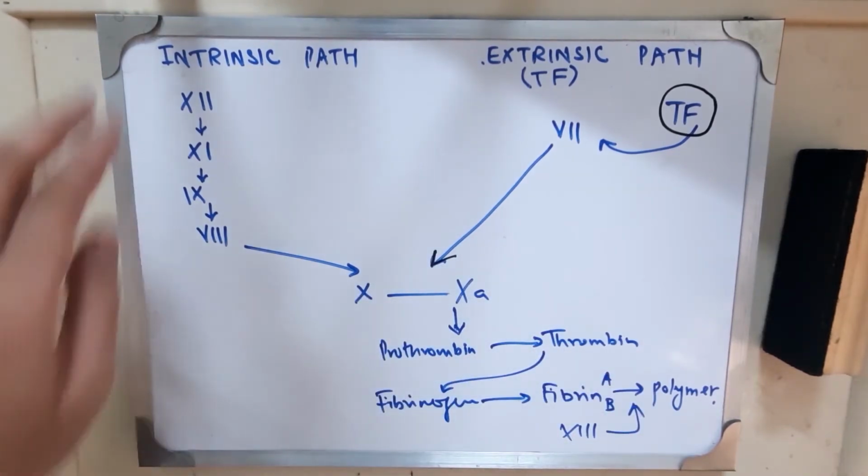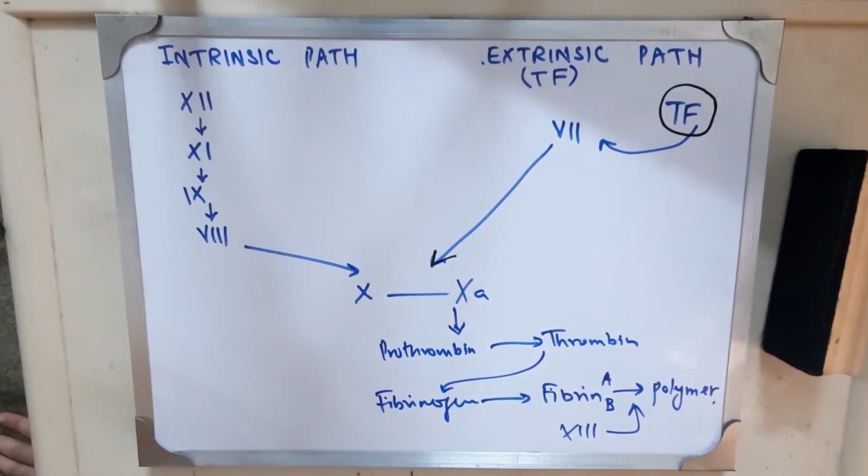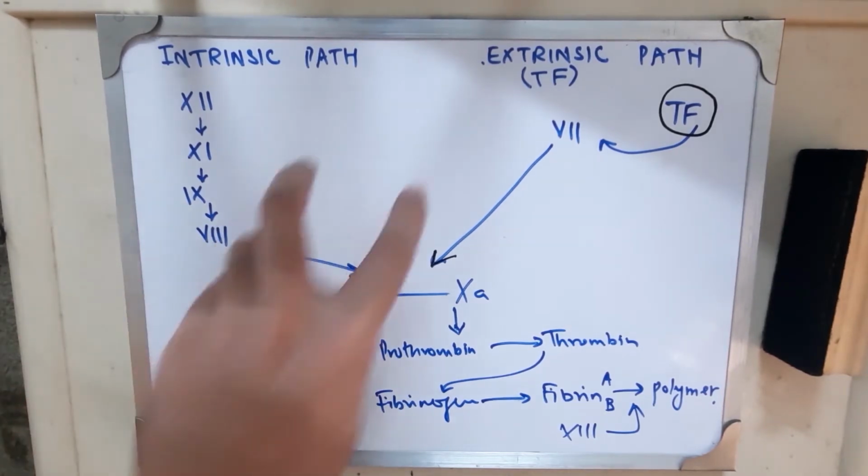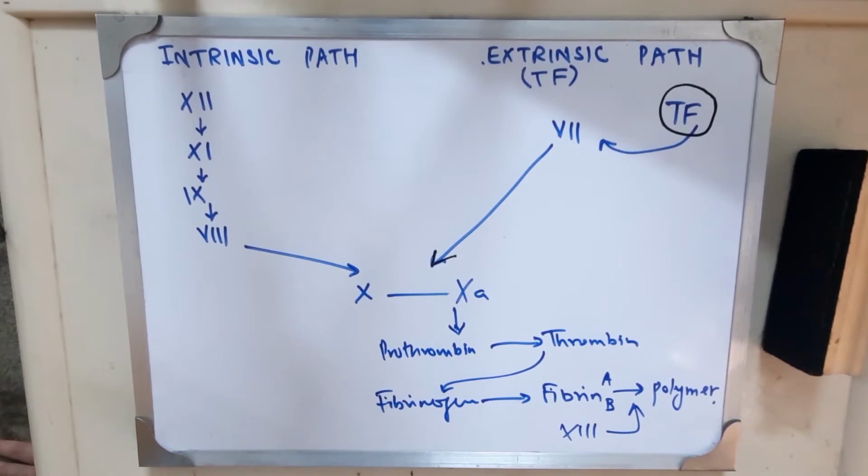You can see the intrinsic pathway. The intrinsic pathway involves factor 12 which activates factor 11 which activates factor 9 and then factor 8. Both these pathways converge on the common pathway where factor 10 is activated to 10A.